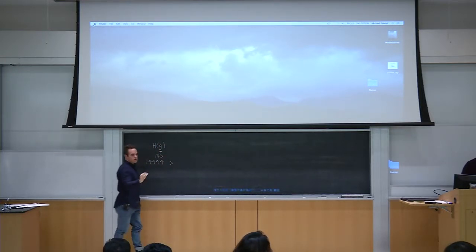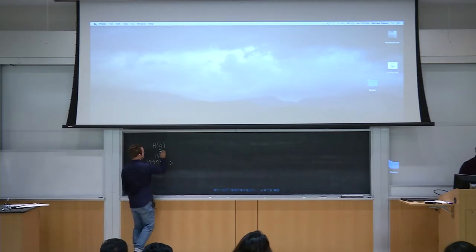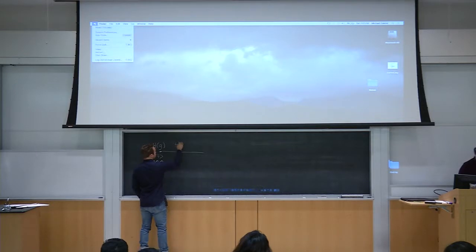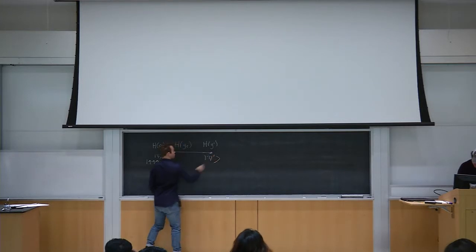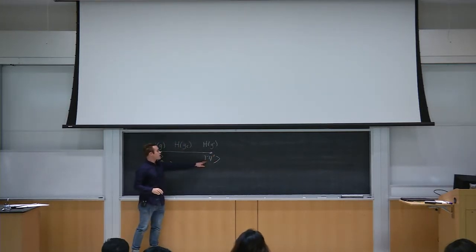We can define an equivalence relation between two different phases, which is that we consider a path of Hamiltonians, I'll call it H(g(t)), that ends at some H(g prime) that has some other ground state psi prime.